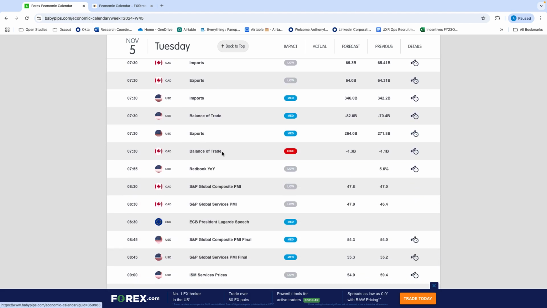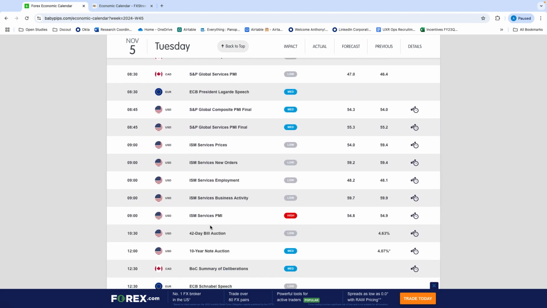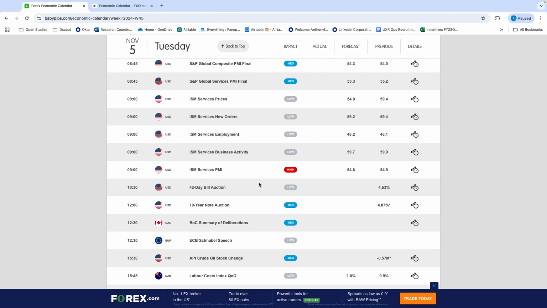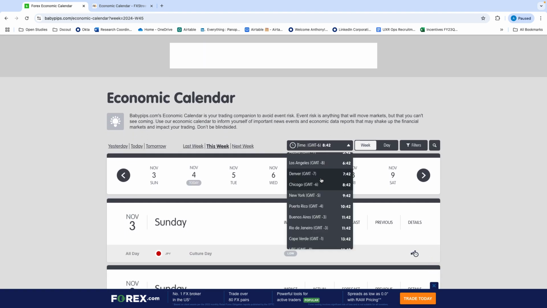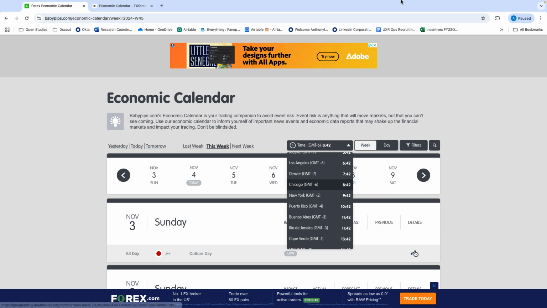Where's that 10 p.m. one? Okay, cool. So see, we have the ISM Services PMI. Now this says 9, and that's because it's on GMT 600, where it should be on 5, 842.